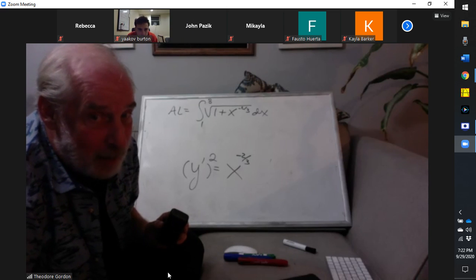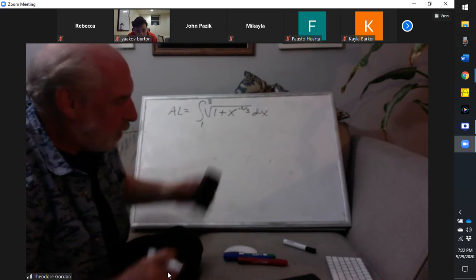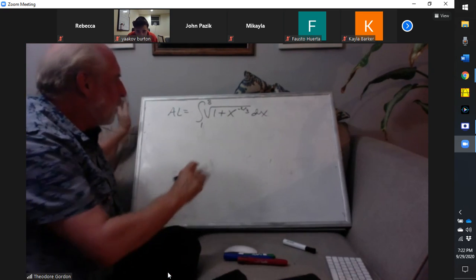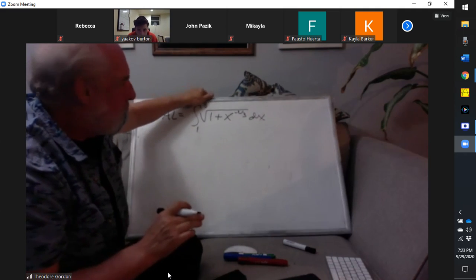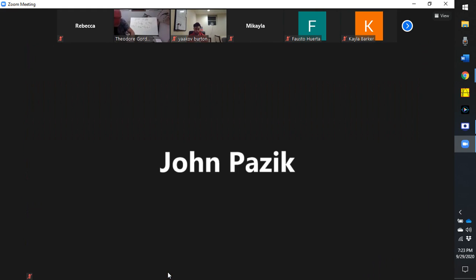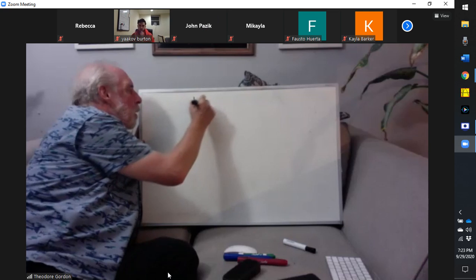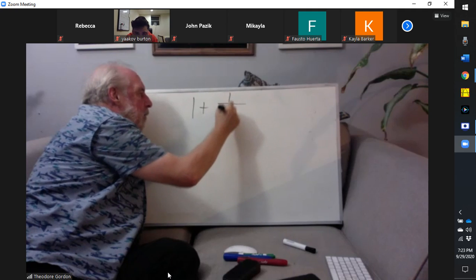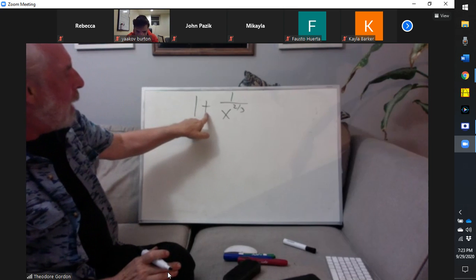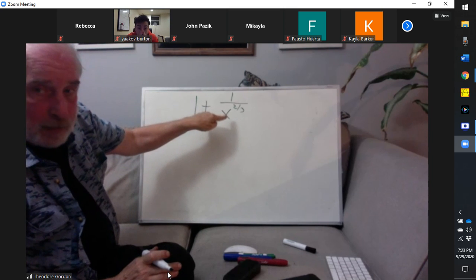And then comes algebra. So the trick to this problem is I have to do this addition. So I'm going to rewrite this as a separate thing. It's that algebra always gets us. All right. So we have 1 plus 1 over x to the 2/3. So I got rid of that negative exponent. Now I have to add these together, and this is the common denominator.